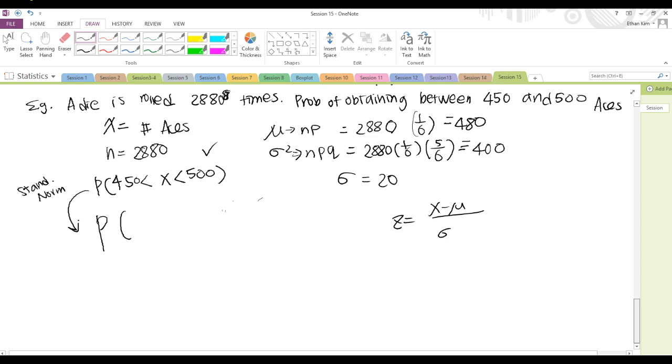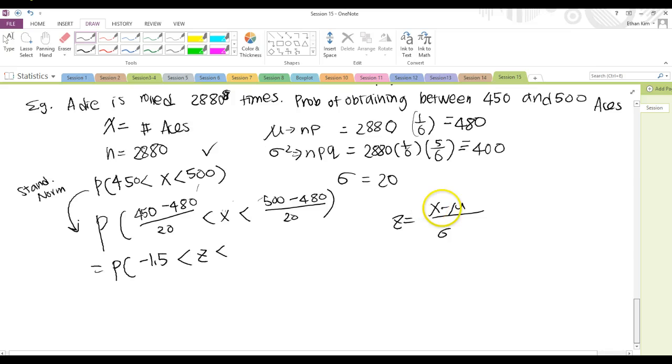So this is x minus mu, 480, over sigma, 20. 500 minus 480 over 20 is 1. And 450 minus 480 over 20, if you calculate this, you're going to get negative 1.5. And now this is z.